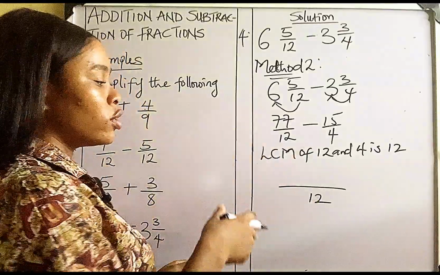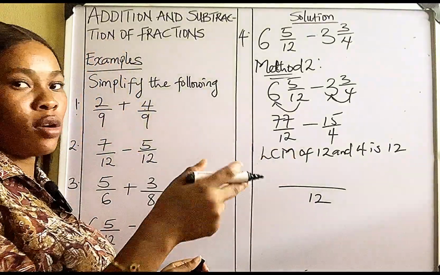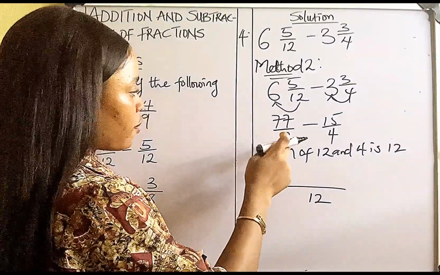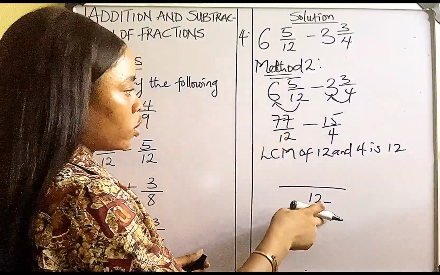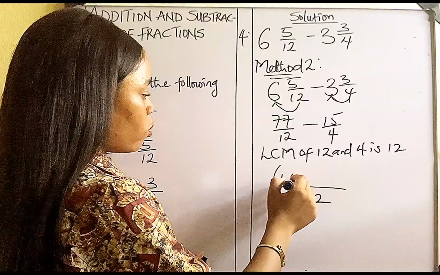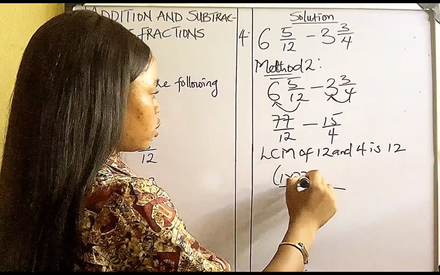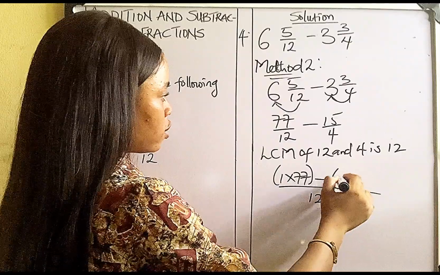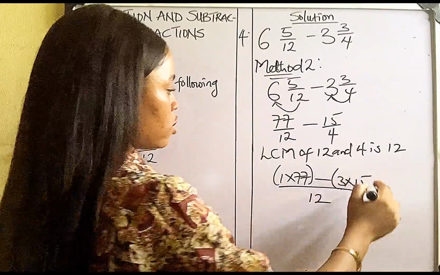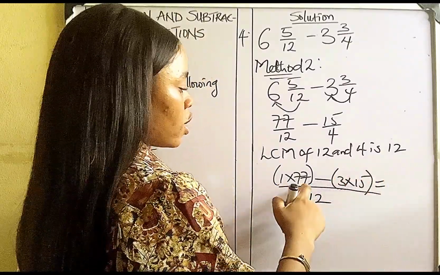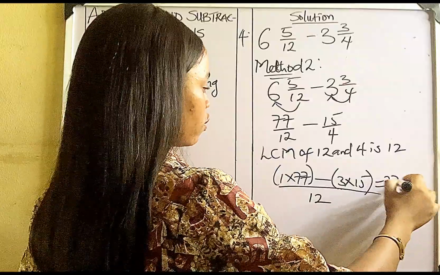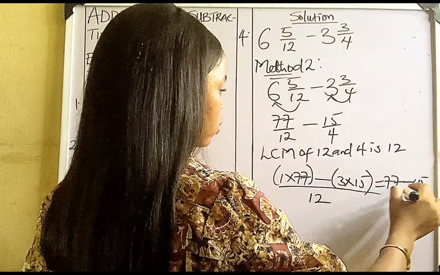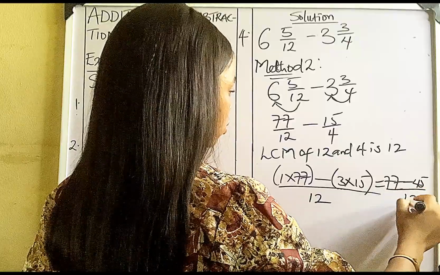So we do like we did in the previous example, example 3. We come to the first fraction, 12 going into 12, that is 1. We have 1 times the numerator 77, minus 4 going into 12, that's 3 times 15. So this gives us 1 times 77, that is 77, minus 3 times 15, that is 45, over 12.